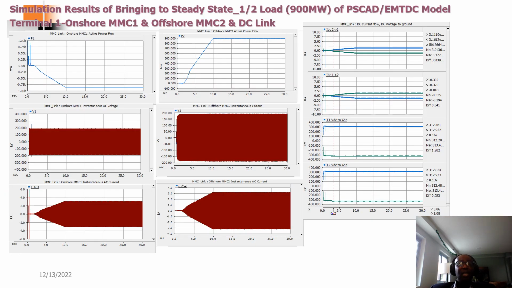Then there are the PSCAD simulation charts that show all that is required to be measured for the DC side, DC link, the converter parameters, and the AC side parameters for half load.